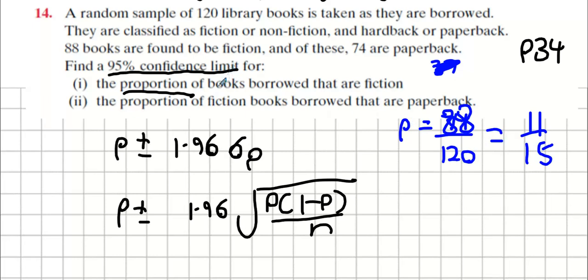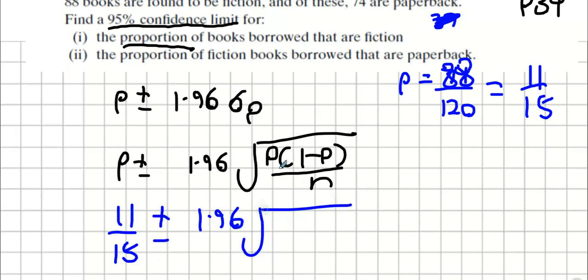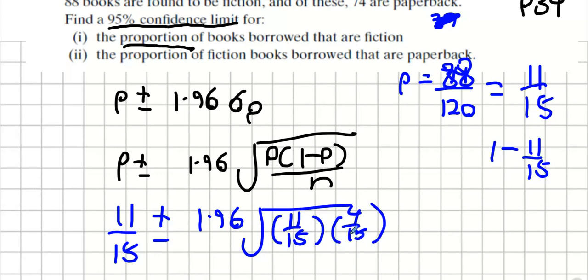Oh, I have to find the 95% confidence interval for this anyway. Okay, so here we go. All right. I'm going to do 11 over 15 plus or minus 1.96. Now, what's the p-value again? 11 over 15. What's 1 take away 11 over 15? It is 4 over 15. And what's my n value? 120.